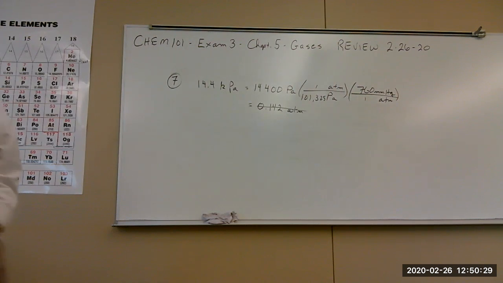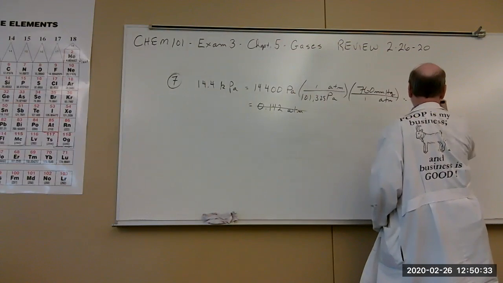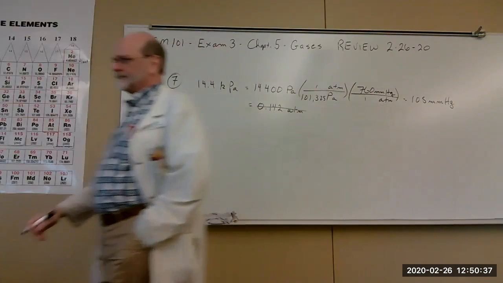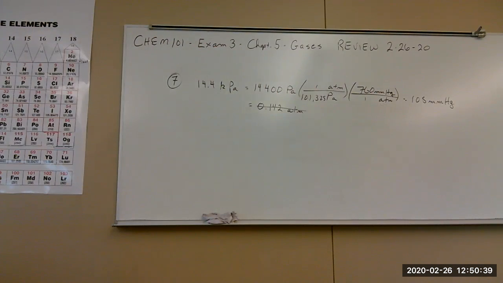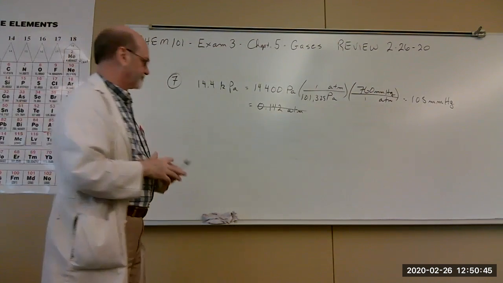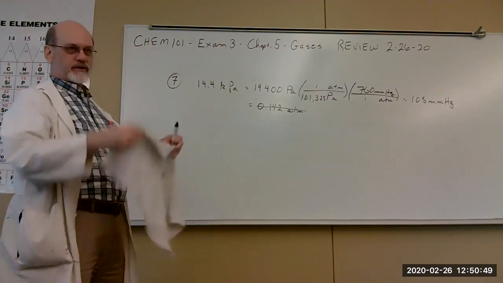Let's see, 108. See if that fits. Yeah, D, 108 millimeters of mercury. Okay. It always helps to go back and look at the question every once in a while.